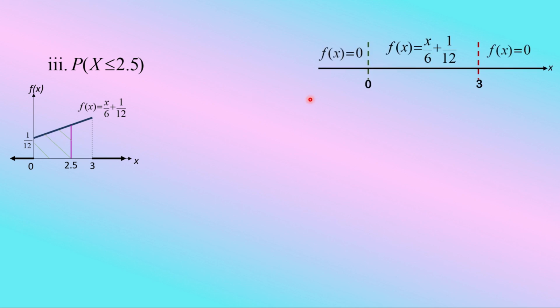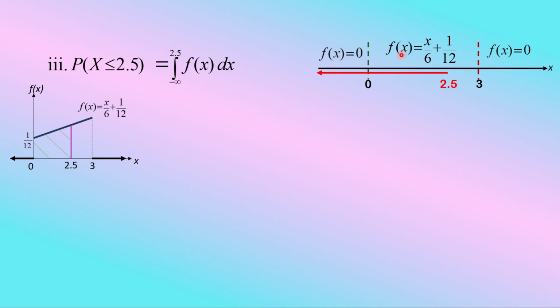Next, find the probability of random variable x less than or equal to 2.5. The shaded area represents the area under the curve in the interval x less than or equal to 2.5. So from the number line, the red arrow represents the area of x less than or equal to 2.5. To find the probability, integrate the probability density function in the interval negative infinity to 2.5.